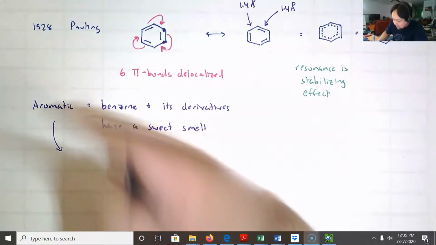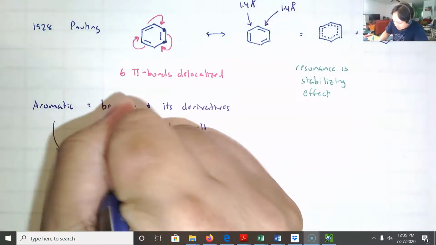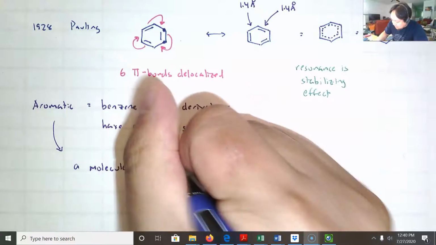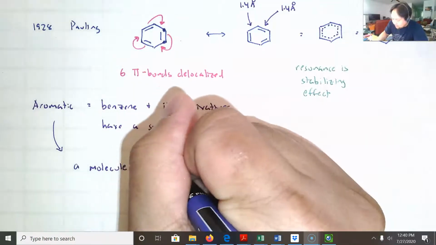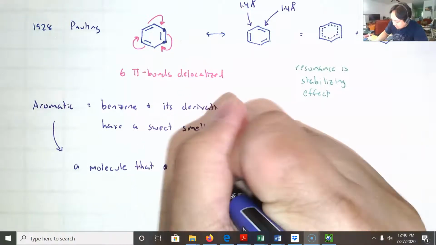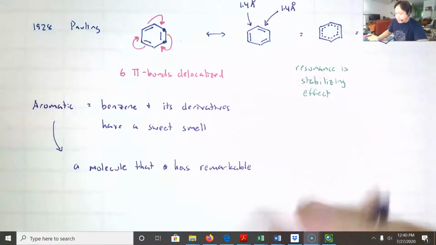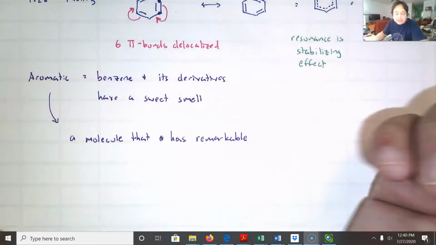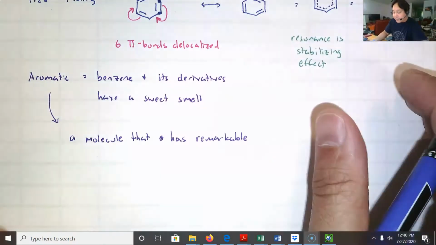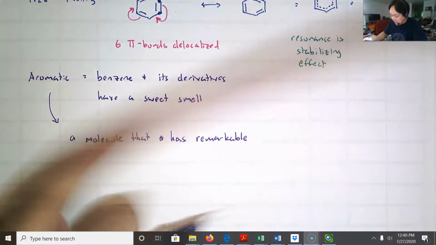It comes to represent a molecule that has remarkable stability. So it's pretty unreactive unless you have special catalysts, which we will see in the different units. How do we react these aromatic molecules?